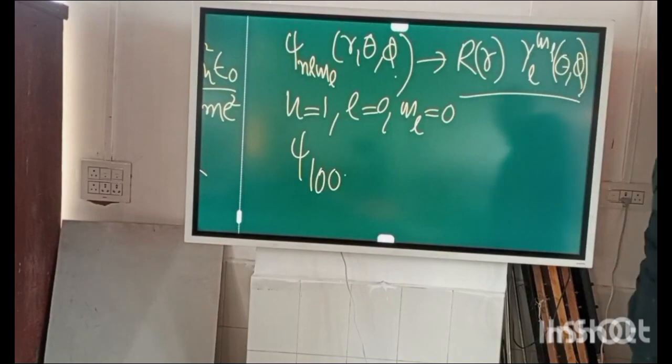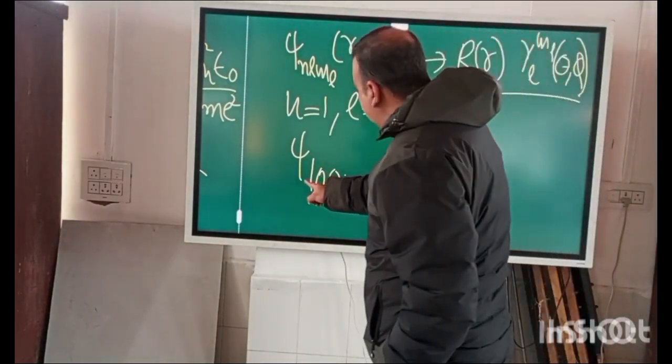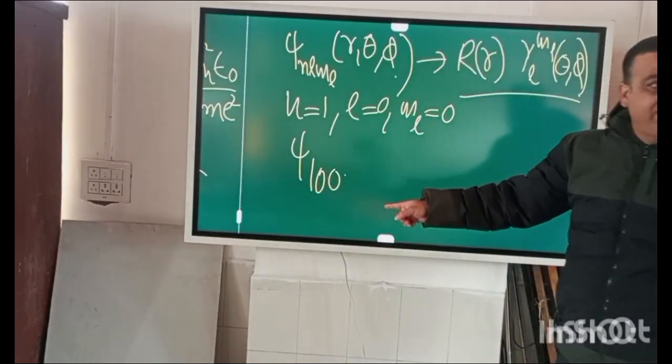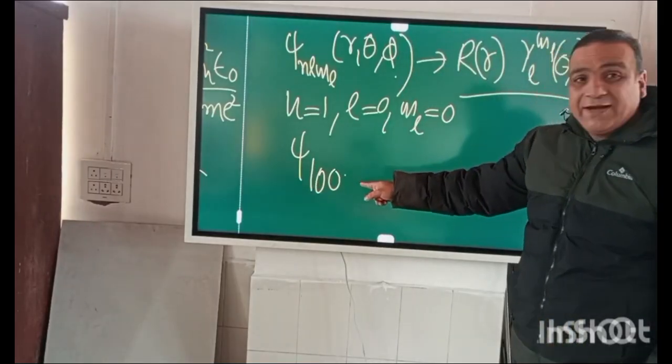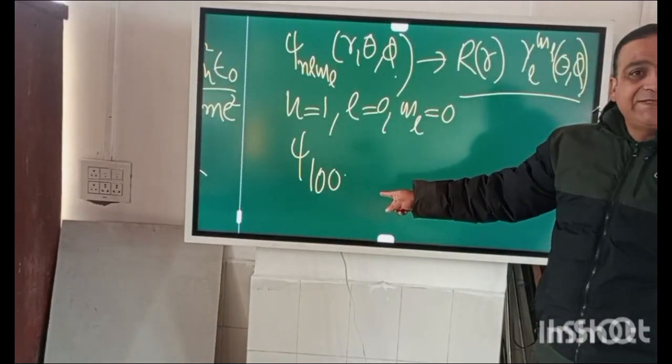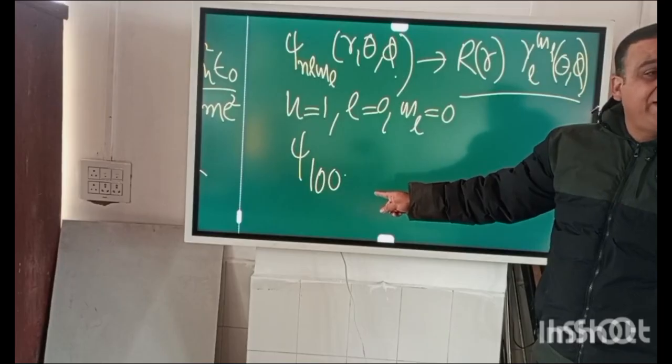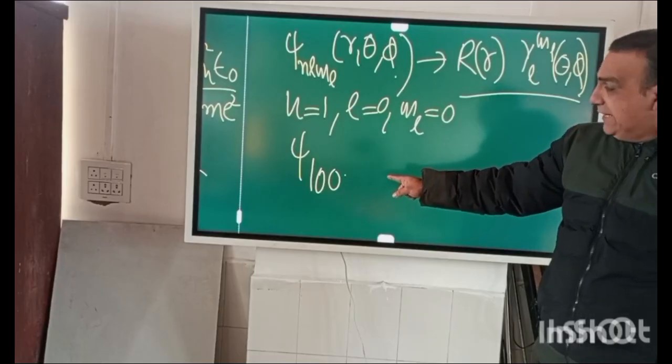Okay, so where we are right now. So we have, okay, I chose a special case. This is psi 100, right? This is over ground state of hydrogen atom, right?